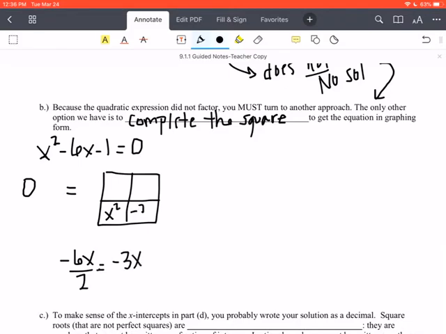So we have negative 3x and negative 3x. And then in order to figure out how many we need to add, we know that we currently have negative 1. And then we need to go ahead and calculate negative 3 times negative 3. It's always the outer dimensions of the box.